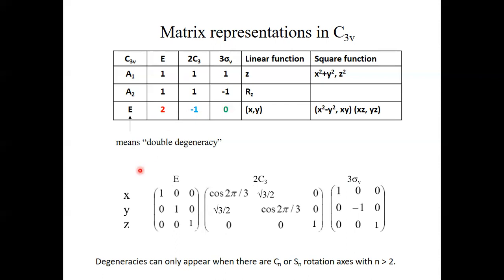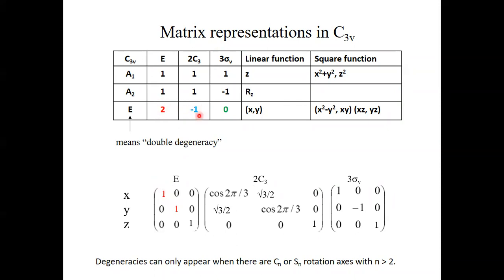Because the coordinates x and y are dependent, the character for the irreducible representation of the type E is determined by the sum of the characters on the trace of the matrix for x and y. For the character underneath the identity here, that would be this one and that one. So we add these two together, 1 + 1, and that would explain that 2 here.